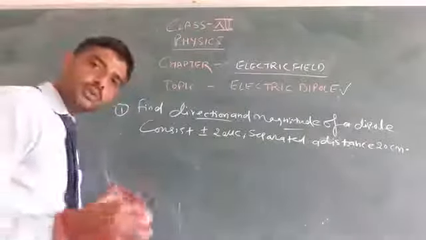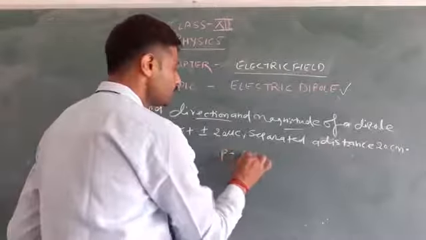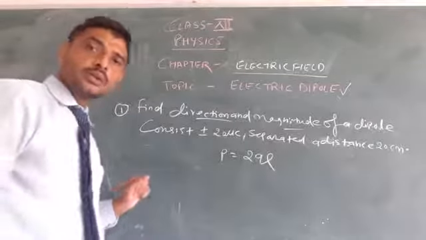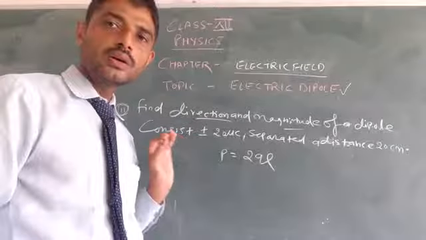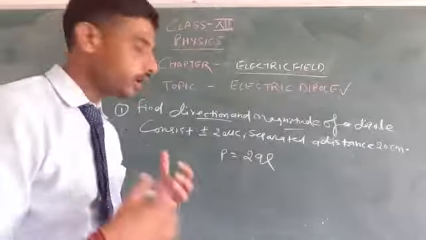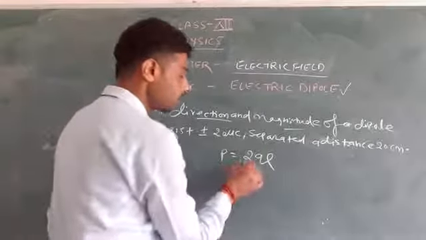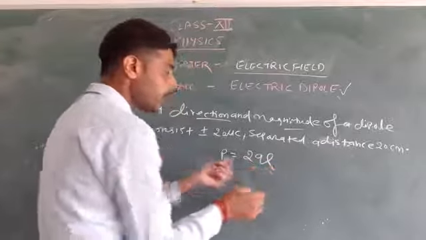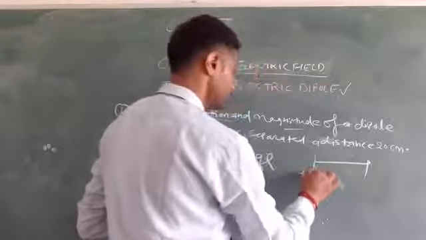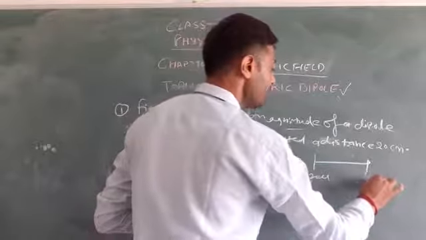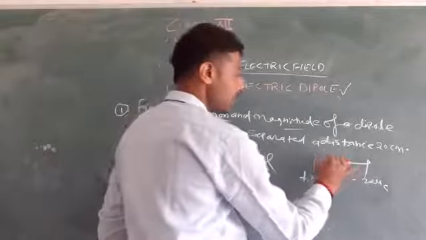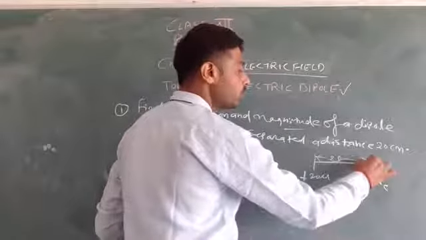As you know, the formula is P equal to 2ql. This is a very simple question, but you have to focus on the formula. It is 2ql, and this is plus 20 microcoulomb and this is minus 20 microcoulomb. So this distance is 2l, not l.